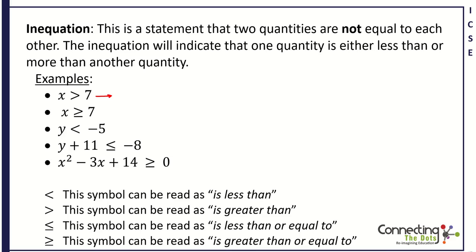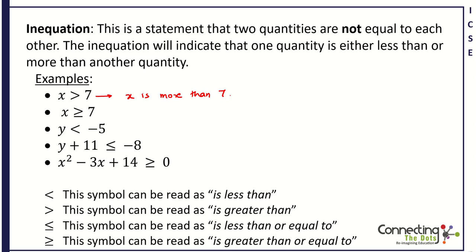This indicates that there is a number x and the number x is more than 7. It may be 7.1 or 7.01 or it may be 7.001. We do not know how much x is, but we know that it has to be more than 7.